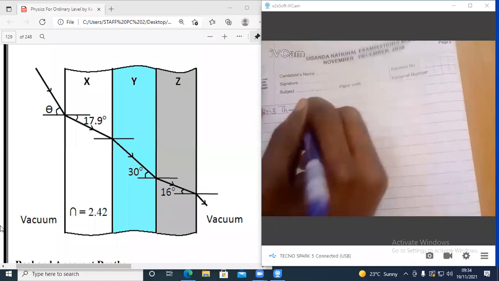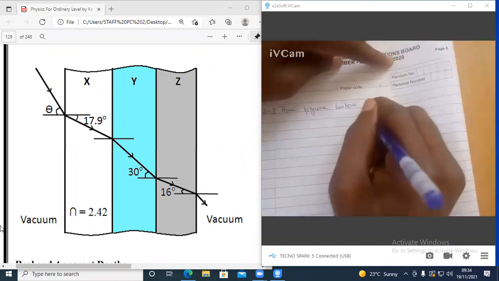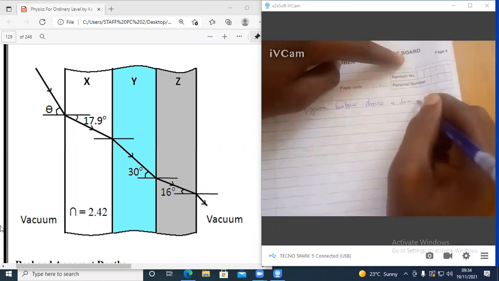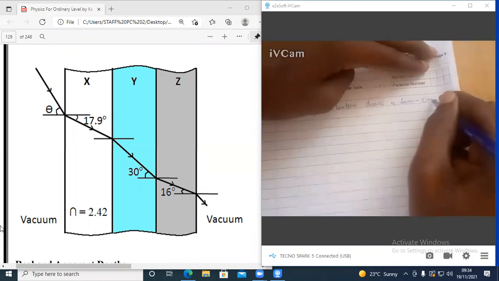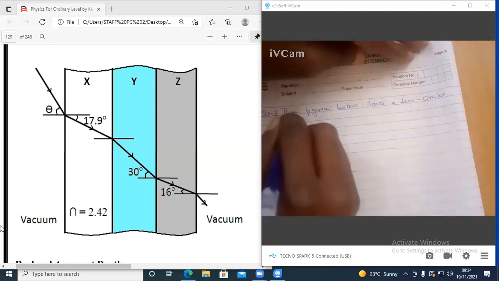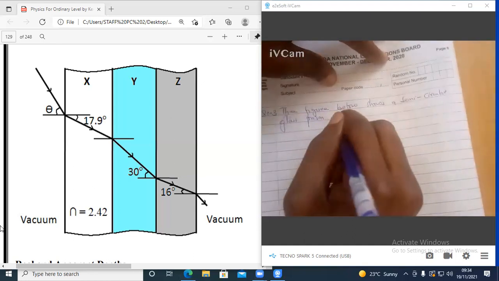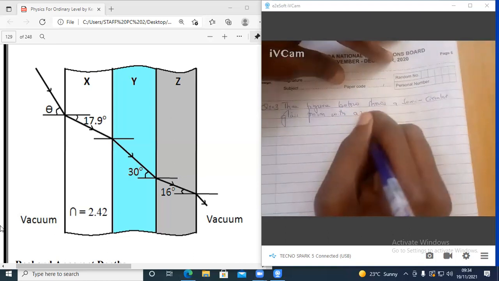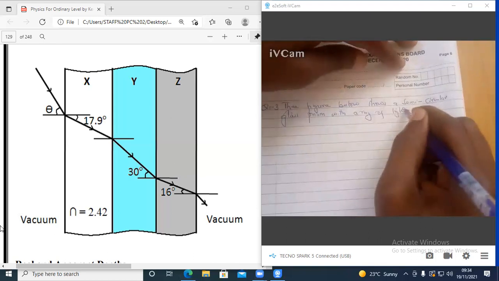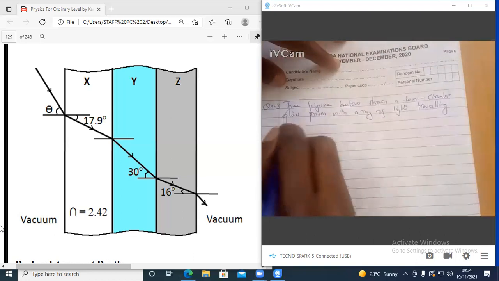They're saying the figure below shows a semicircular glass prism with a ray of light traveling as indicated.